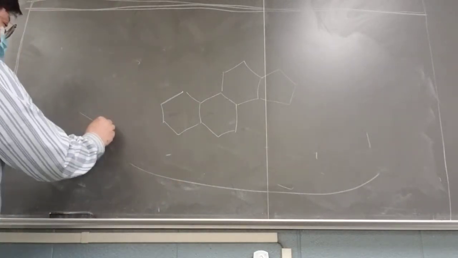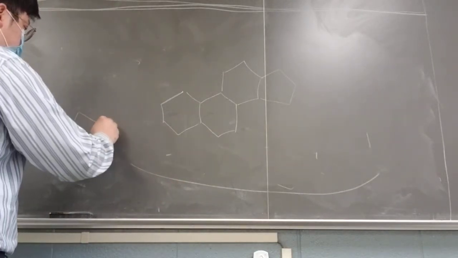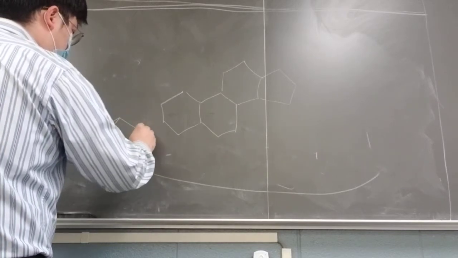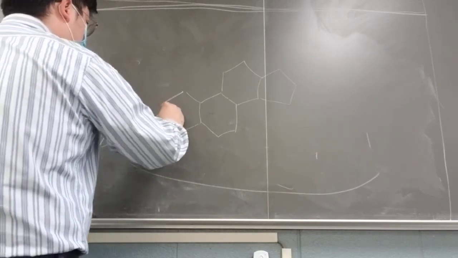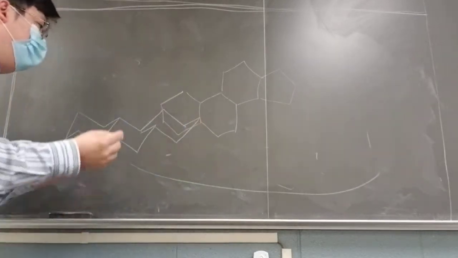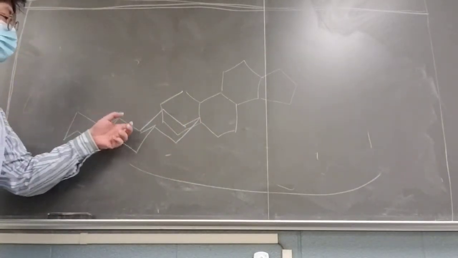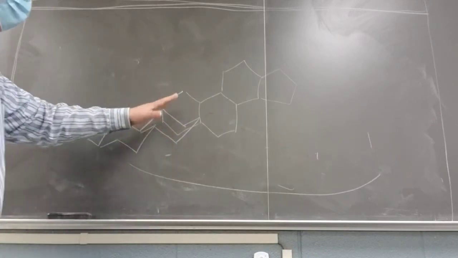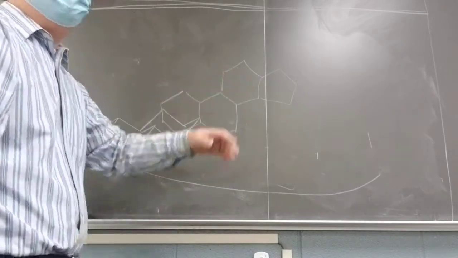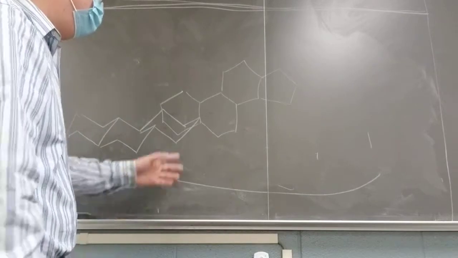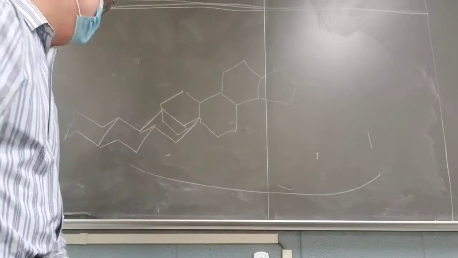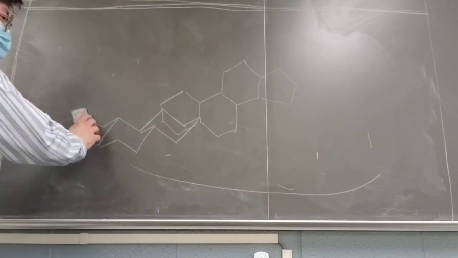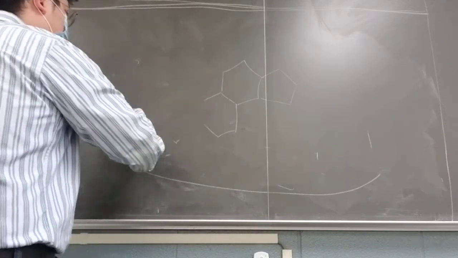And in this case, you can draw this one, and this one, and so on. So this is what we actually see in reality. For our convenience, we just print this one, because it's easier to draw. But actually, what it looks like is this. But this won't be on the exam.